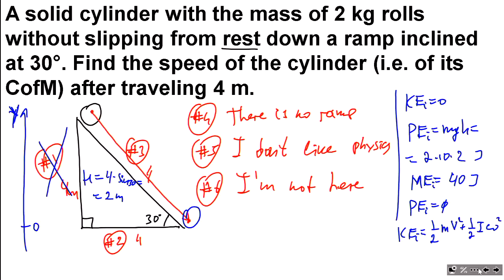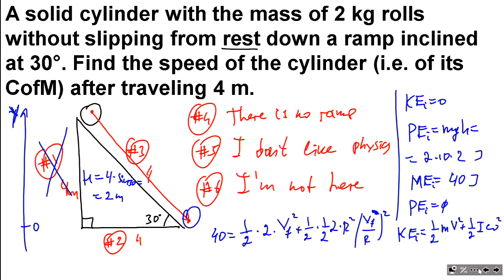And the law of conservation of mechanical energy tells us 40 joules should be equal to 1/2 times 2 times speed squared, which we need to calculate, plus 1/2 times I omega squared. That's a disk, so form factor equals 1/2 times mass times unknown radius squared, but now we're not scared because omega should be equal to that same final speed divided by the same radius, squared.